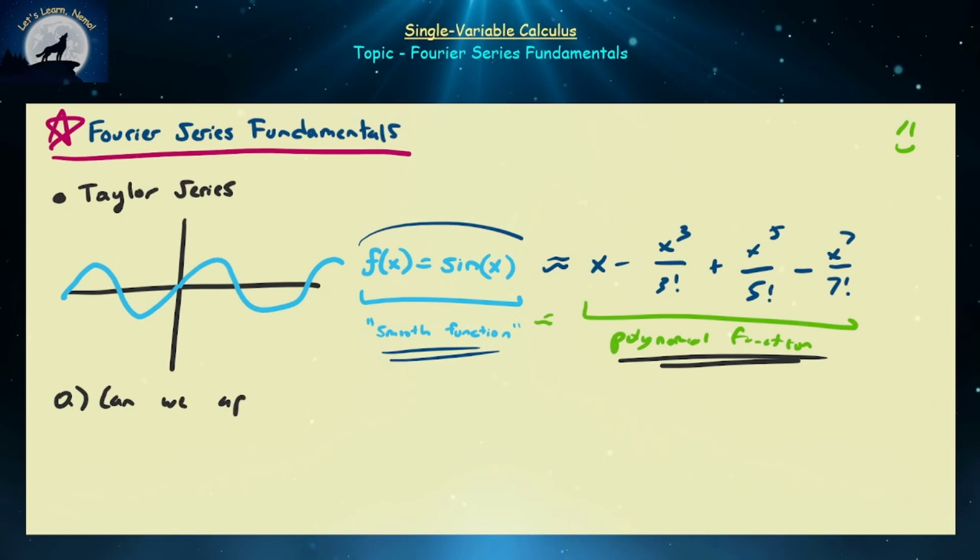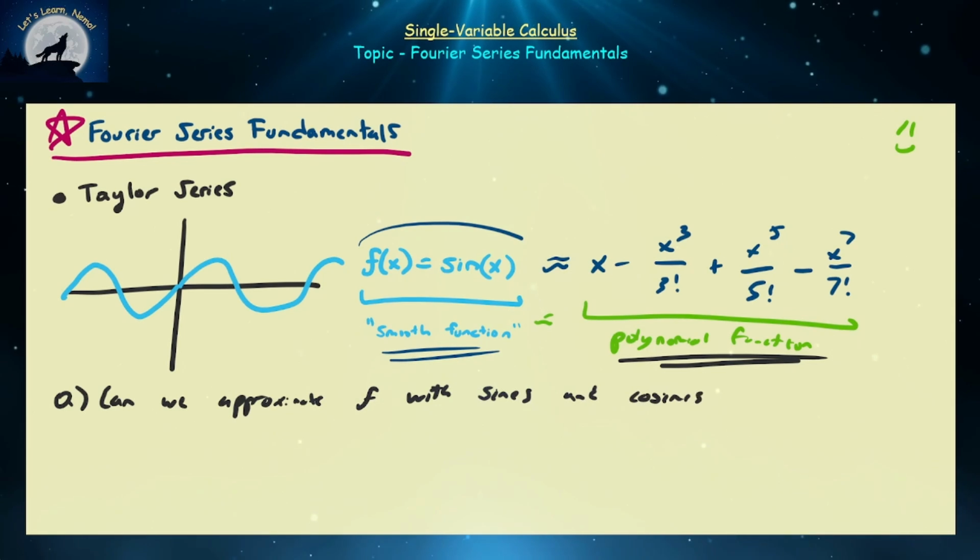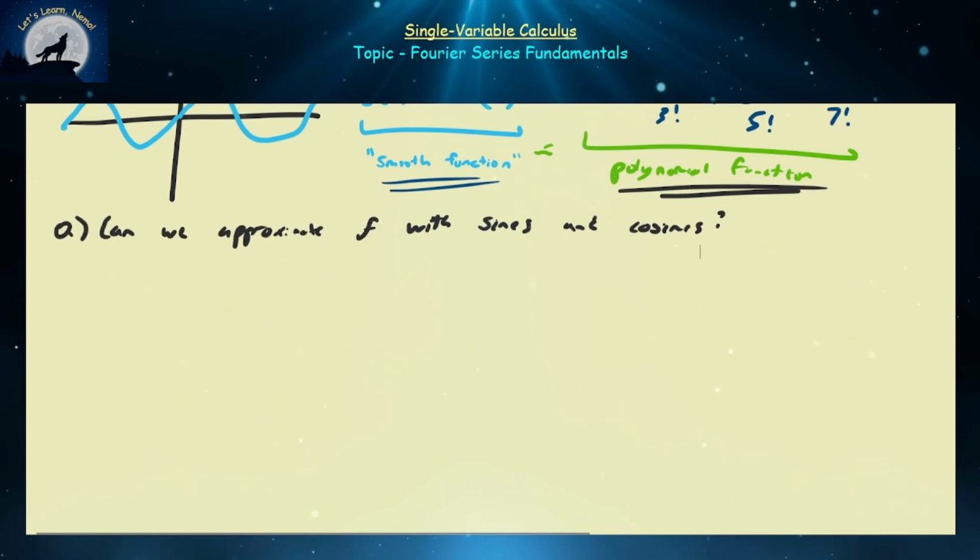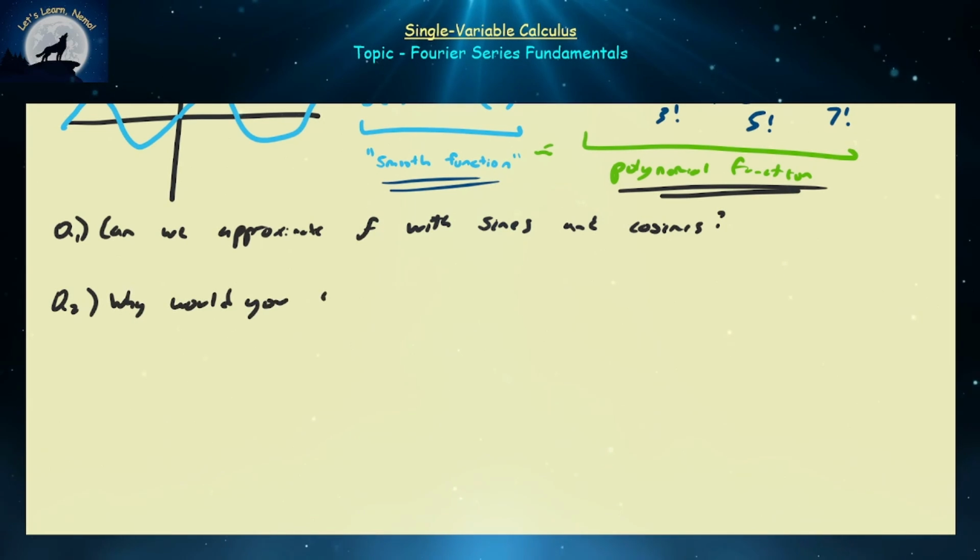Can we approximate some function f with sines and cosines? Right, so instead of using polynomials, maybe we can approximate them with sines and cosines. So that's the obvious first question one may ask, but another natural question is, why would you want to?